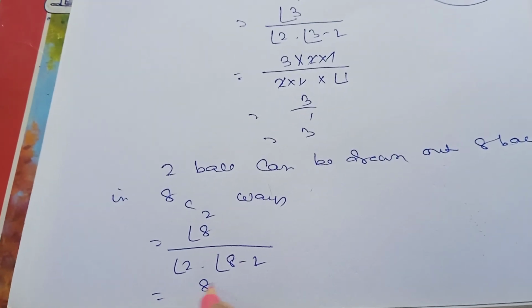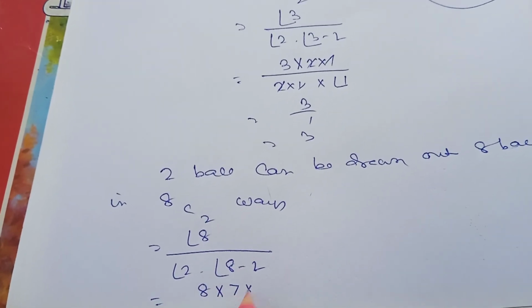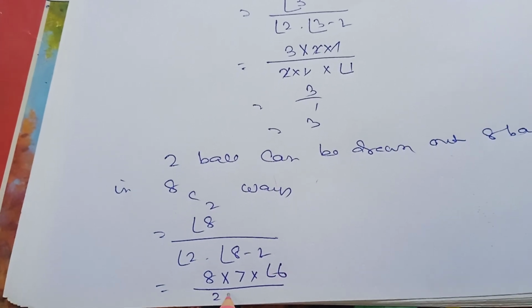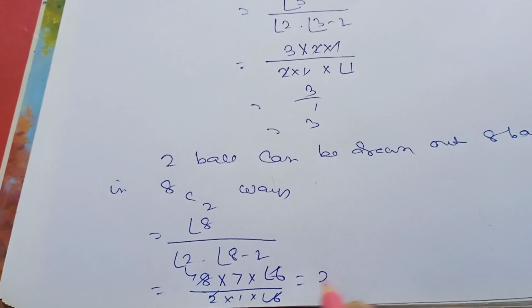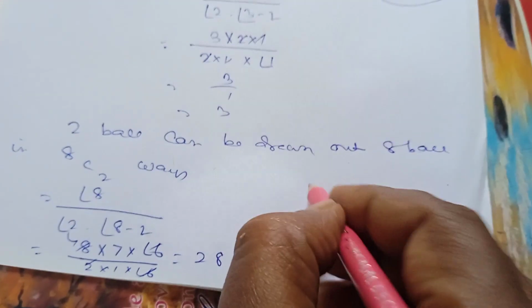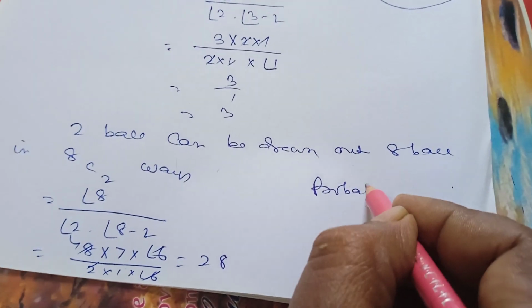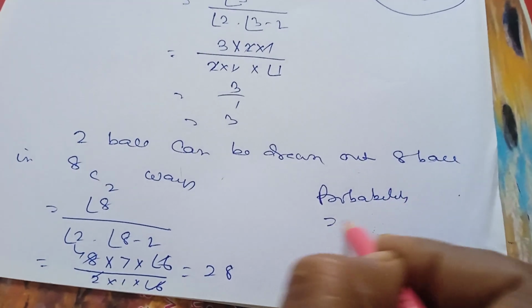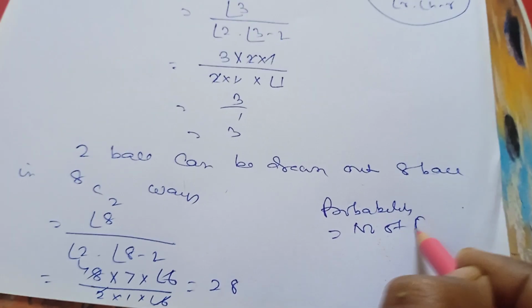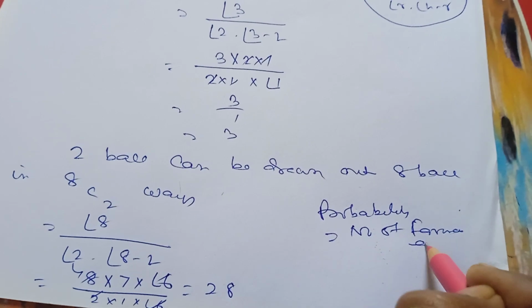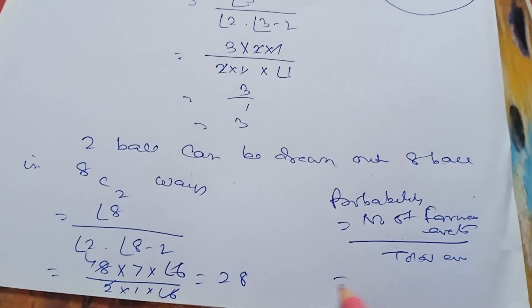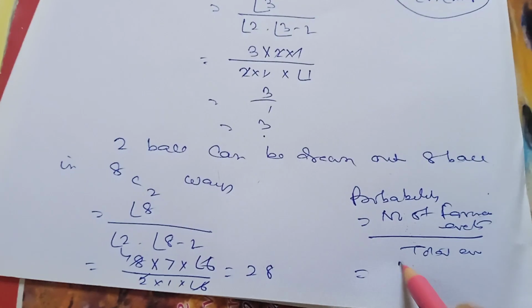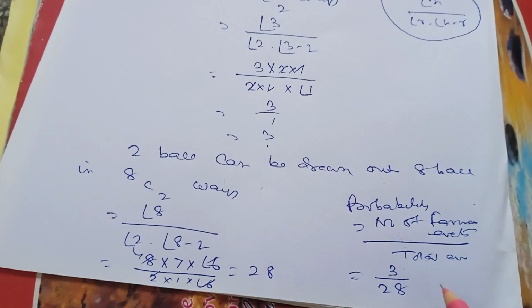It can be presented in this way: 8 into 7 into factorial 6 by 2 into 1 into factorial 6. Cancelling it, we are getting 28. So therefore we can say probability equals number of favorable events by total events. So what is the favorable event? 3 by 28, that is the required answer.